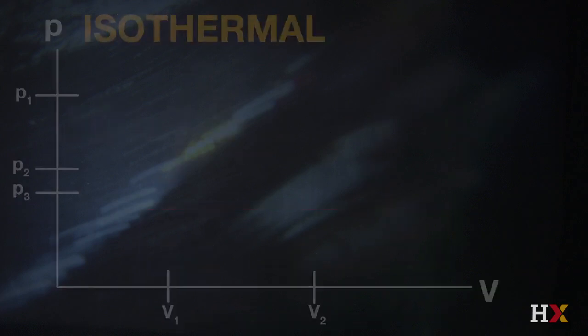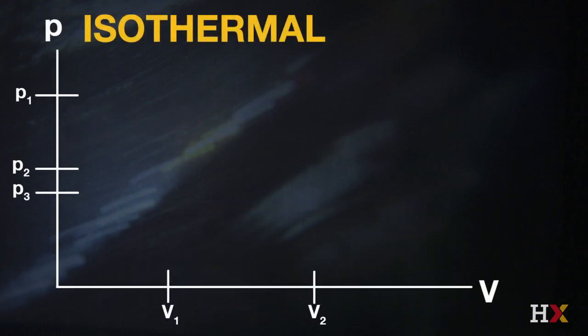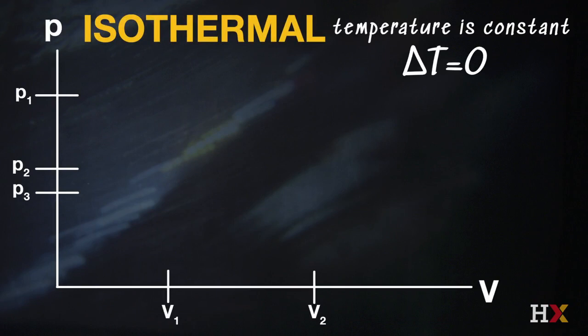So let's look at the isothermal pathway. Isothermal means constant temperature. That means that delta T is equal to 0. And that means that we're going to be following pathway C, which is the isotherm.